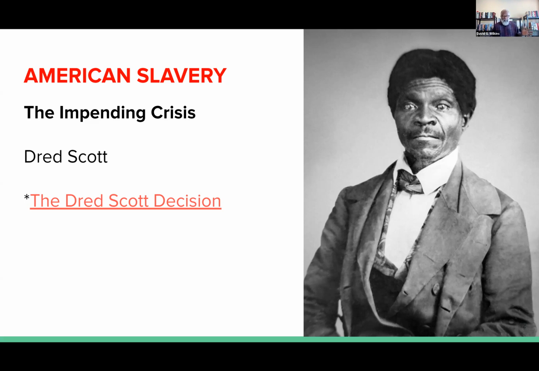So Taney, as the chief judge of the Supreme Court, will take this decision and will make a ruling that most lawyers and historians believe is the worst Supreme Court decision in our history.